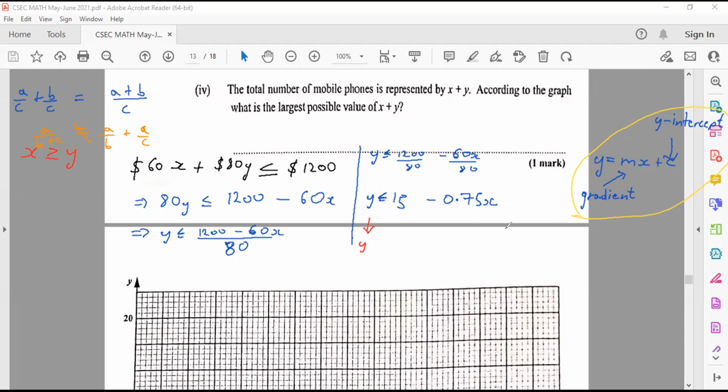M would be the negative 0.75. And this one would be c. So the equation is y equal to negative 0.75x plus 15.